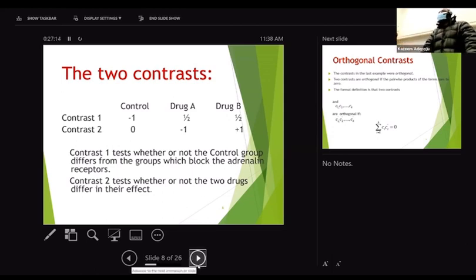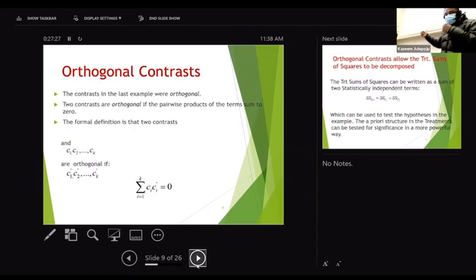If you are constructing a contrast weight and the orthogonality does not hold, then that is not correct. I'm going to say that again. I'm talking about the orthogonality of contrast, meaning the summation of the product of the contrast has to be 0.